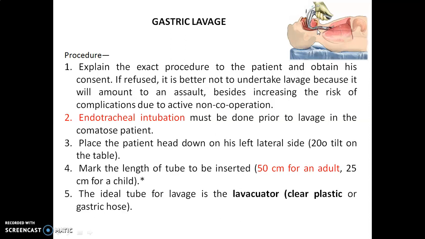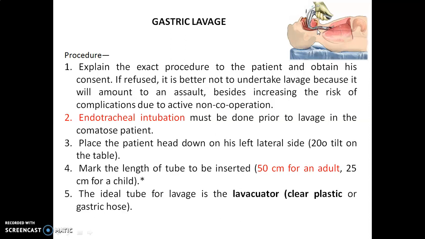Place the patient head down on his left lateral side, with around a 20-degree tilt on the table. Placing him in this position will help ease circulation and also the insertion of the gastric lavage tube. In the next slide I will show you the picture and the structure of this gastric lavage equipment.